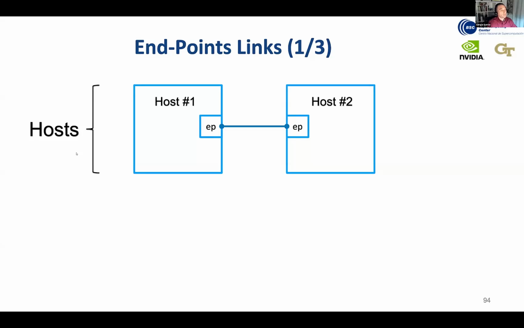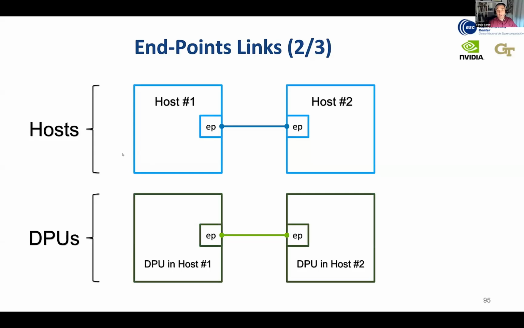And if we launch an MPI exec, the internal architecture is this, an endpoint per rank in different hosts. So if we launch another MPI exec in the DPUs, we will have a replica of this setup.